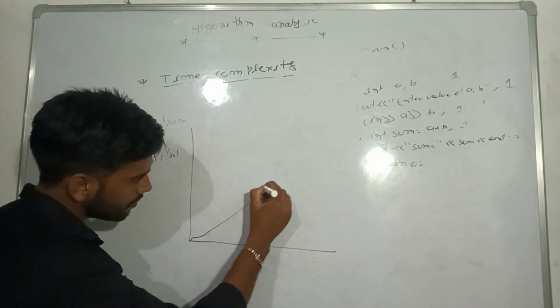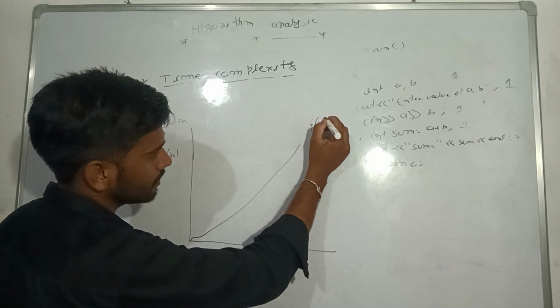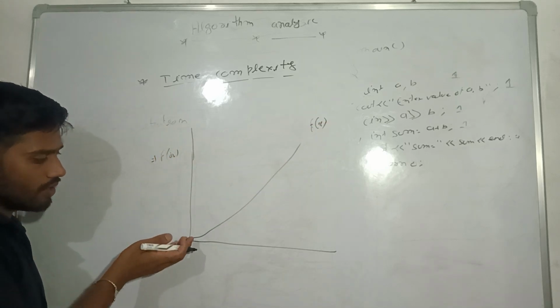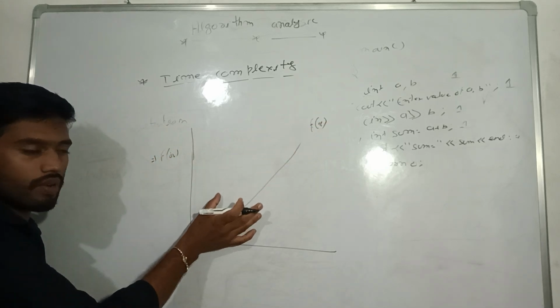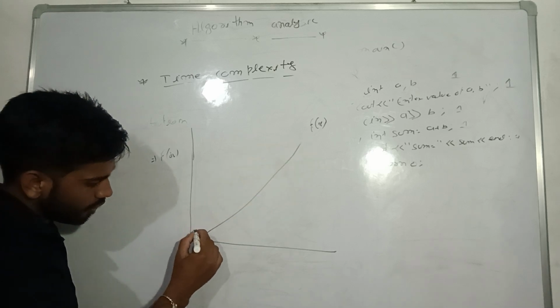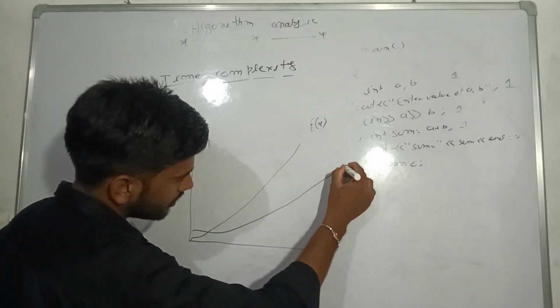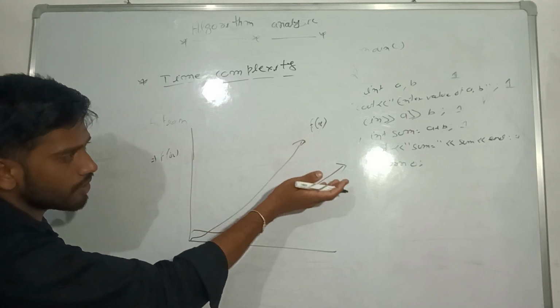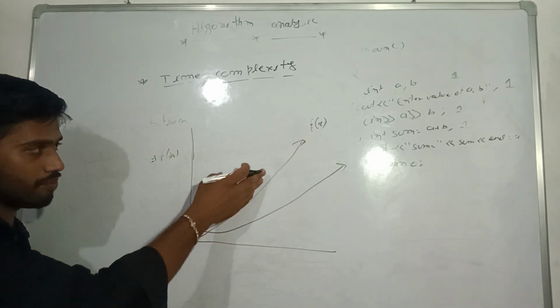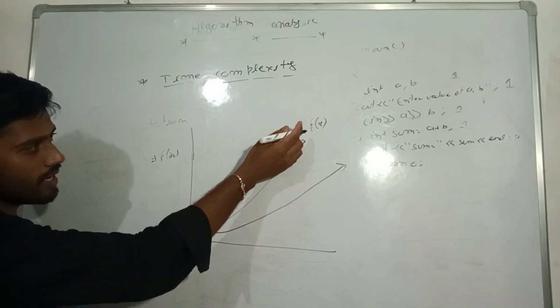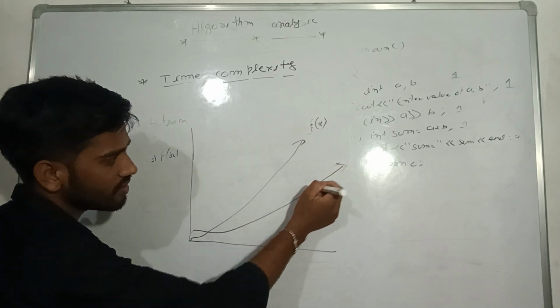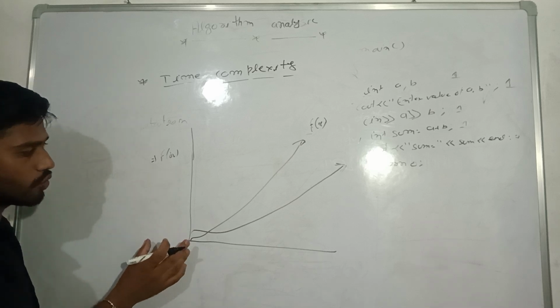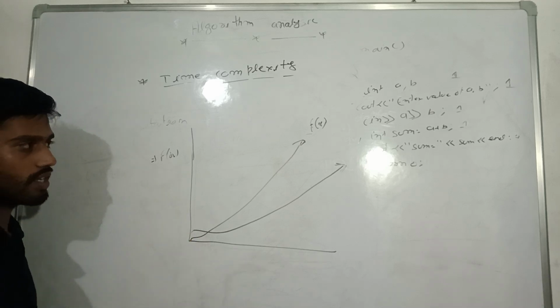The function produces the result before reaching the last step. This is what is shown in omega notation.